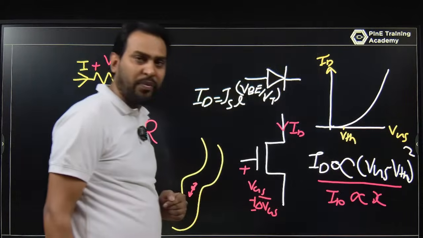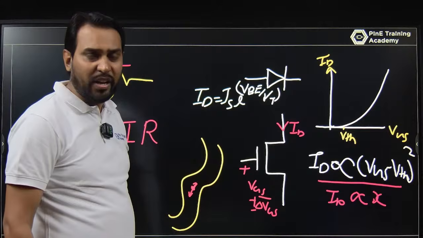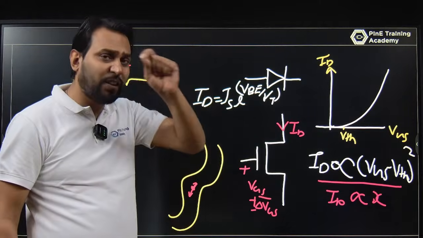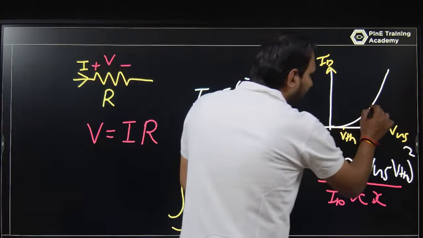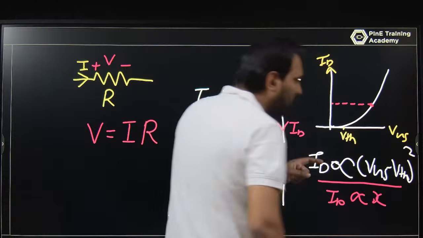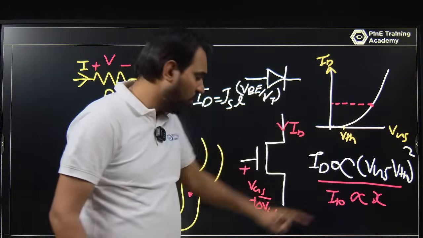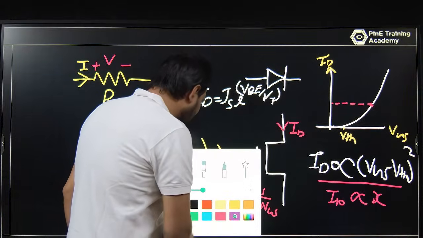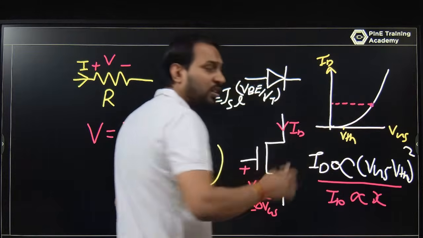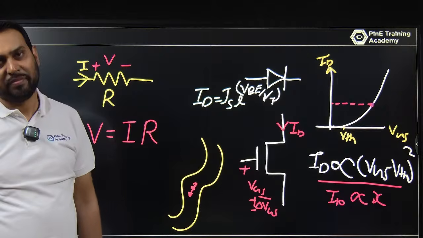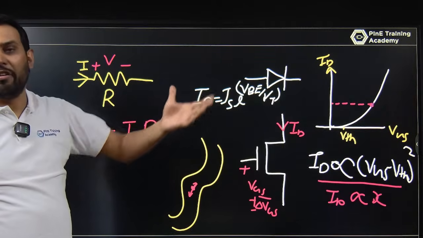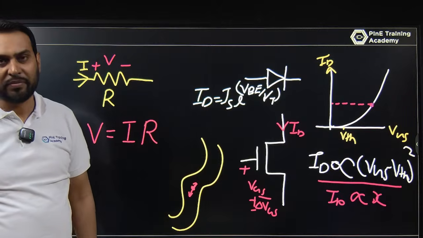Of course this is non-linear, but if I put a fixed value of VGS and you find the fixed value of ID at this point, and I change VGS by a very small value, this device becomes linear. Then only we can use Ohm's law and analyze it in a very basic way.